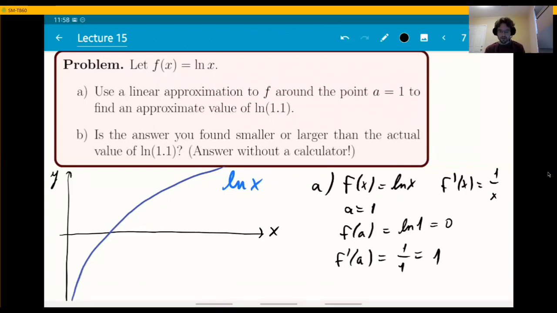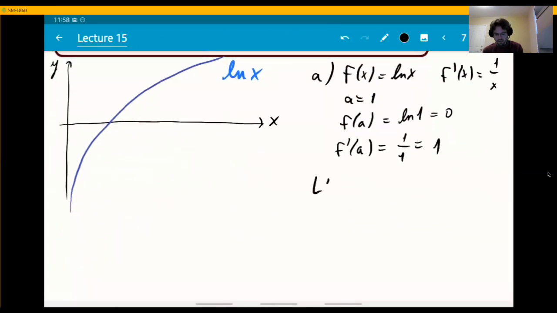So with the parameters, we can produce L of x. L of x is f of A, which is 0, plus f prime of A, which is 1, times x minus A, which is 1 again. So this just becomes x minus 1. Imagine now the tangent line around here is the point 1, the place where ln is equal to 0.